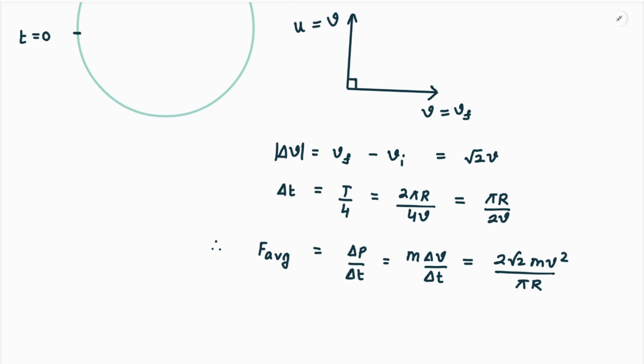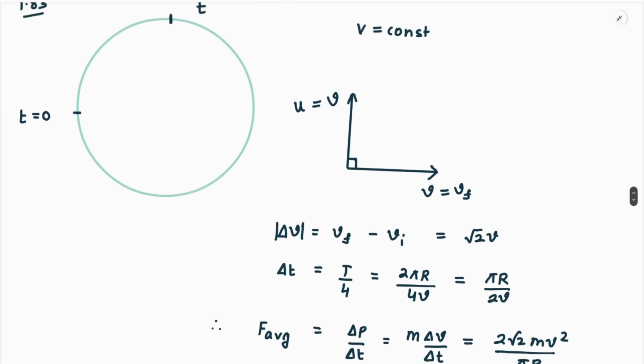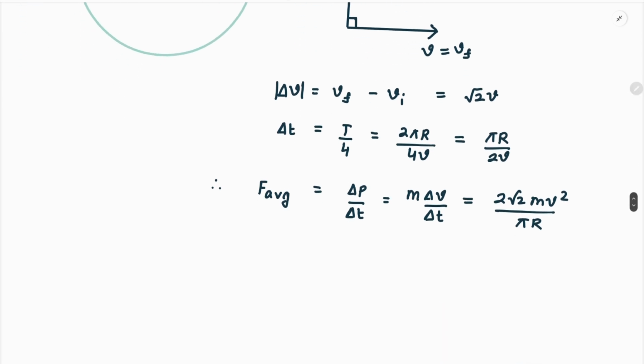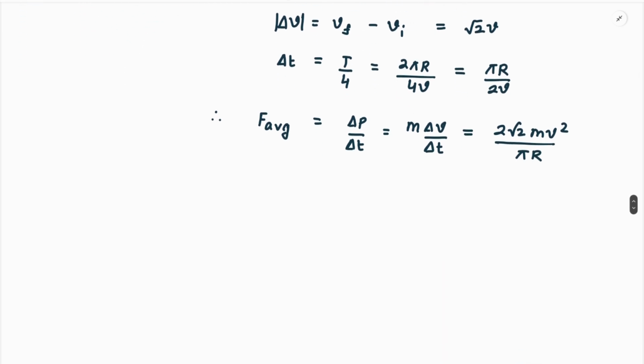Now the second part of the problem is asking us if it is moving with a constant tangential acceleration. I've already stated in the previous problems that if the tangential acceleration is constant and it starts with 0 initial velocity, then in a certain amount of time it will attain a final speed a t. Therefore for the second part of the problem, we write the initial velocity being 0 as given in the problem, and the final is equal to a t.